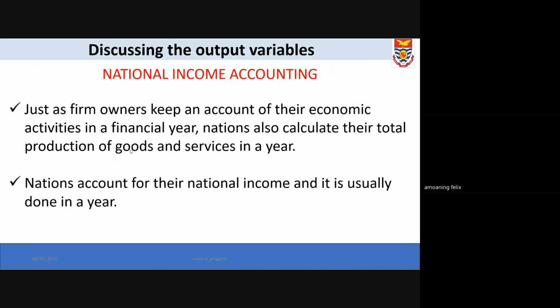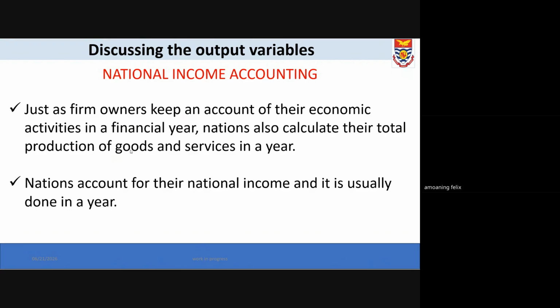Just like that, the economy also does it. We try to plan our financial activities by recording it. Every economy does it, usually annually. Every year we keep records of all the economic activities that happen within that particular year.